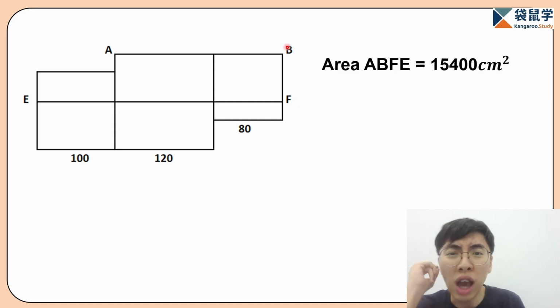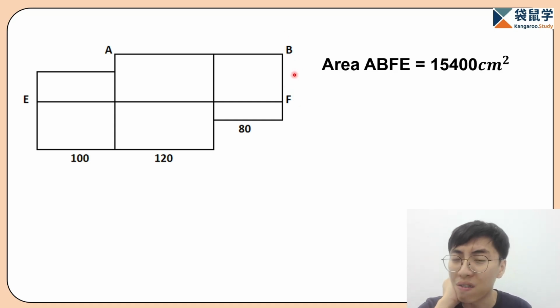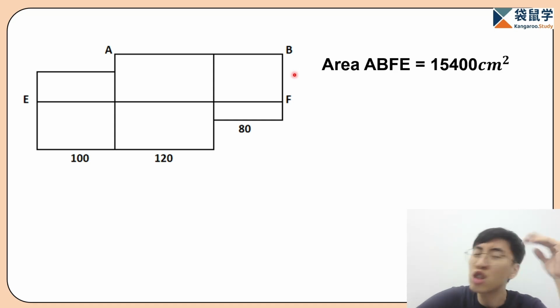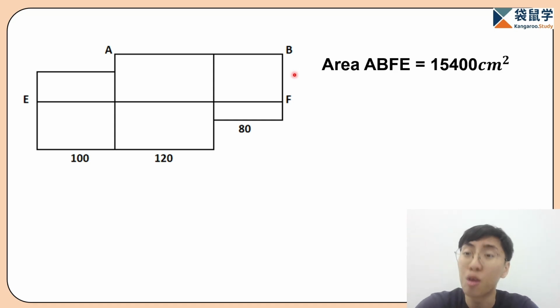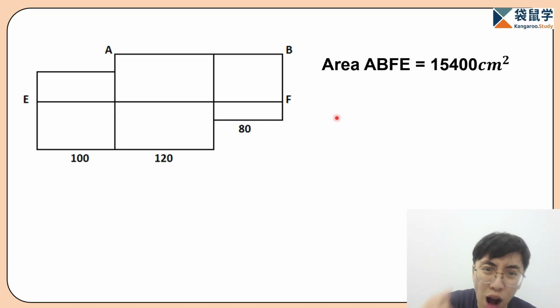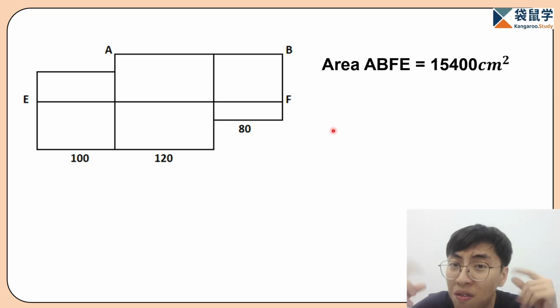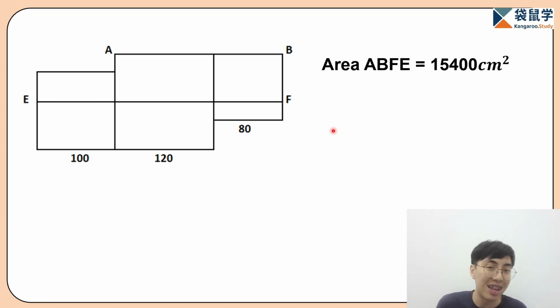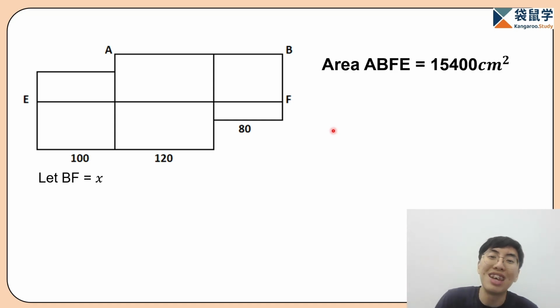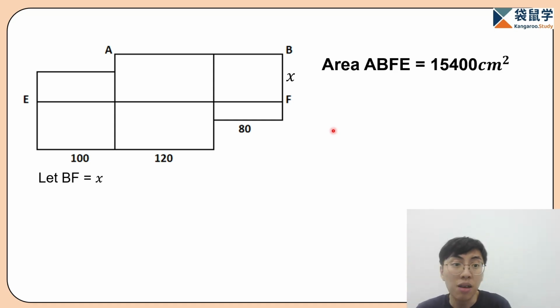Now, since we want to find BF, seems like that's all of the information that we have obtained from the question. Then how do we continue? Since we really want to find a value but we do not have it, I think some of us are familiar that we should set a variable to calculate the value of it. So we let BF be x, which is here.